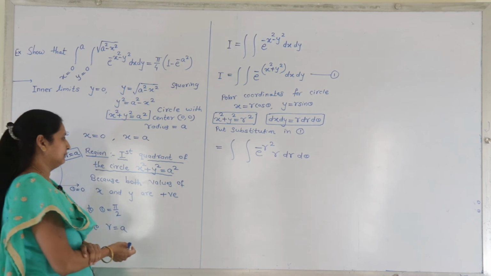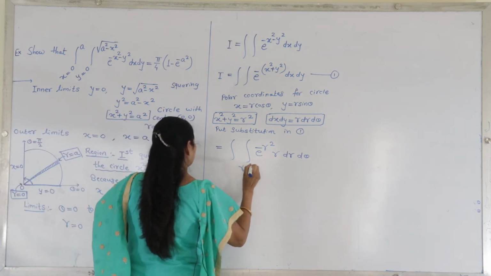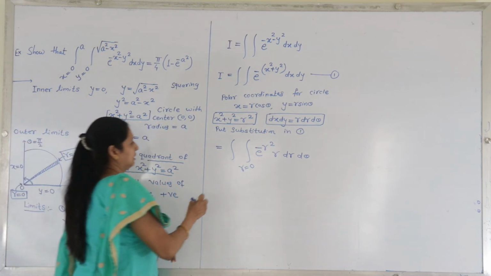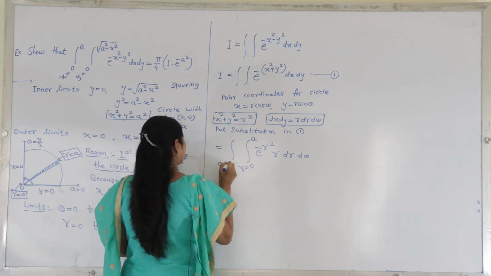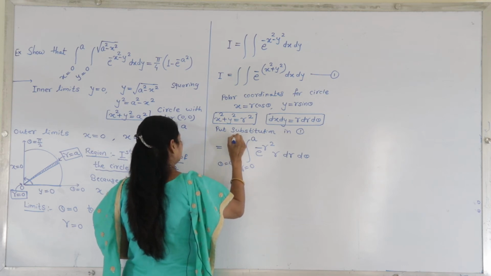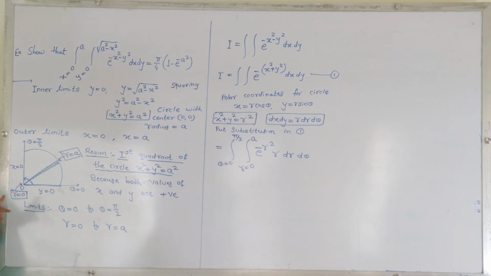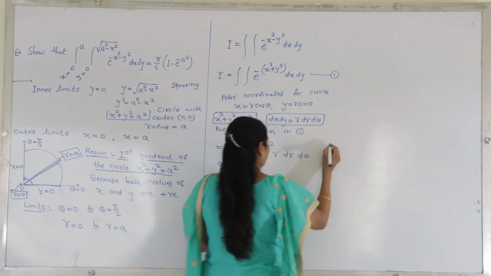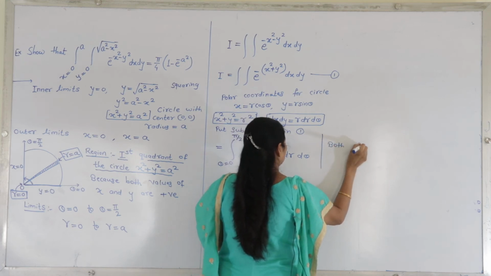Now limits: generally take inner limits as r from 0 to a, upper limit is a, and outer limits take as limits of theta from 0 to pi by 2. And both limits are constant, we can solve separately.